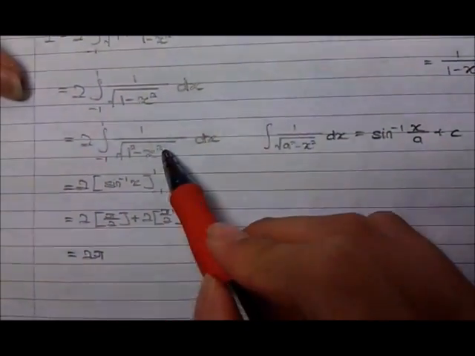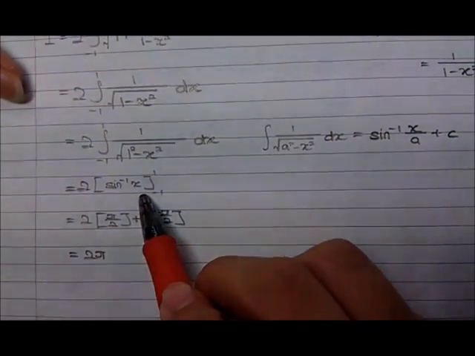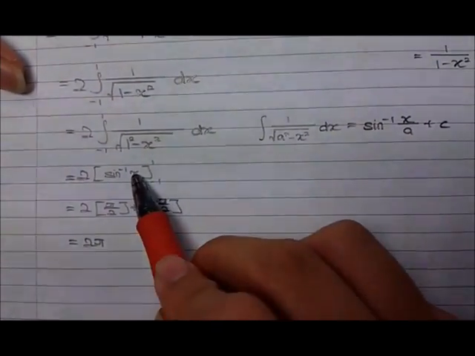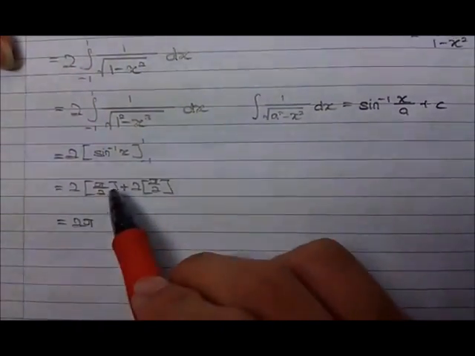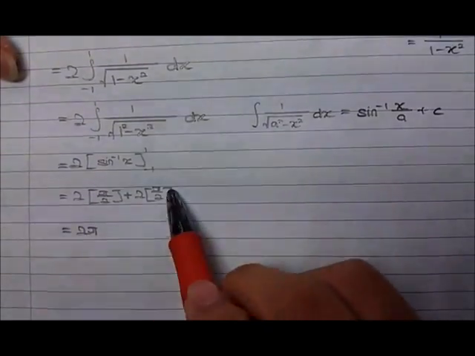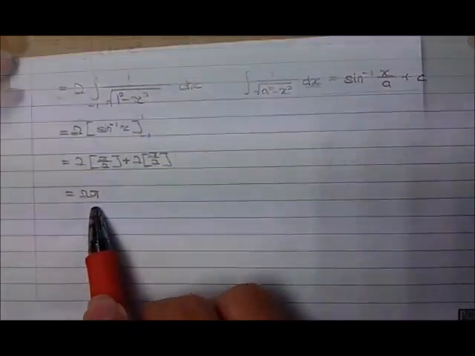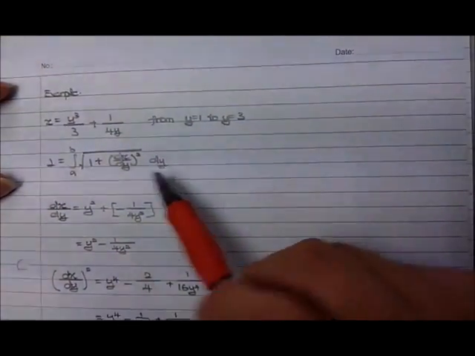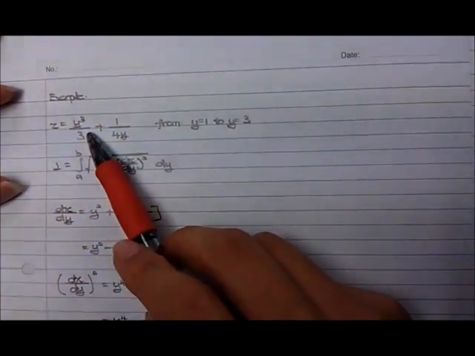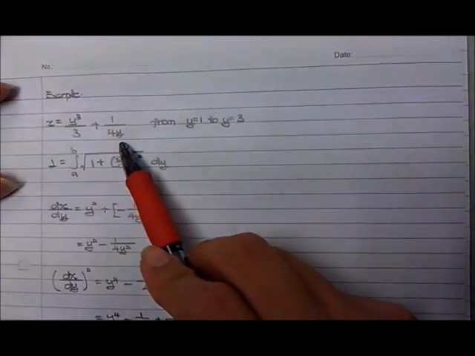So here we integrate this, we get arcsine x. We substitute in the values, you get 2 times (half pi plus half pi), which equals 2 pi. There it is.